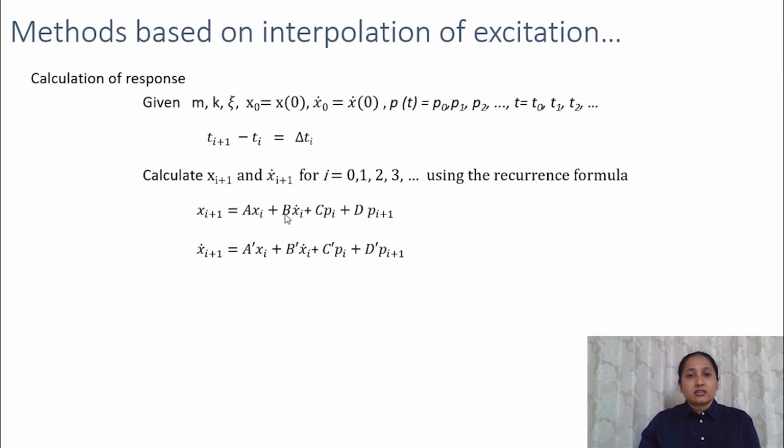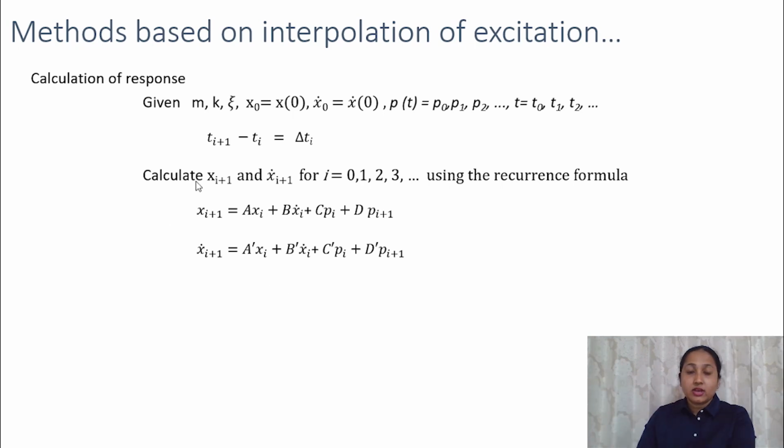These coefficients a, b, c, d and a prime, b prime, c prime and d prime can be calculated using the expressions which we have seen in the previous slide. After finding the value of the displacement and the velocity, we can find the value of acceleration by substituting these values in the equation of motion.